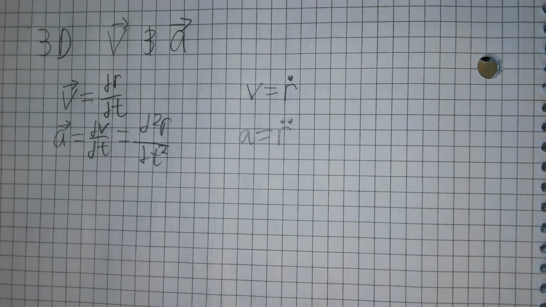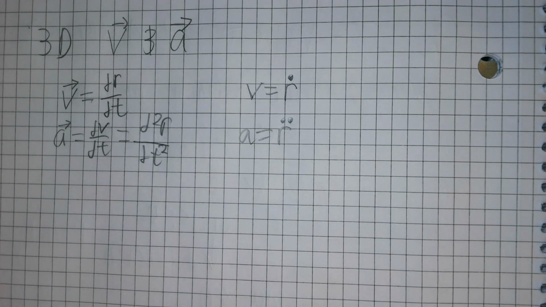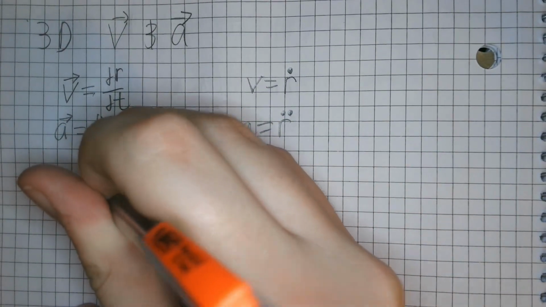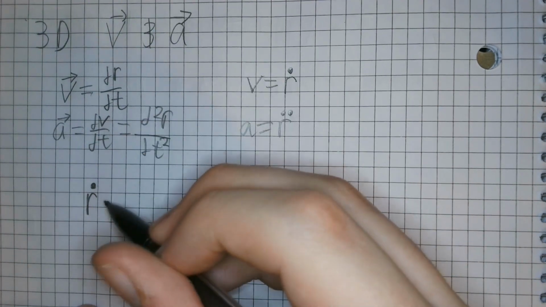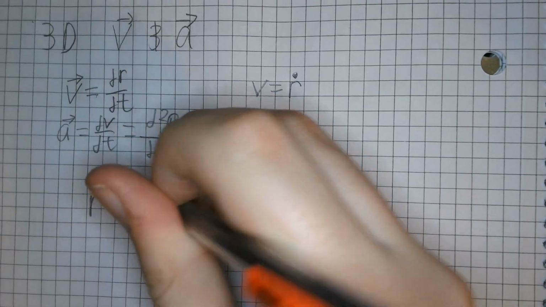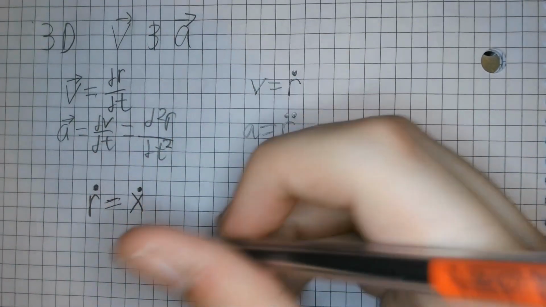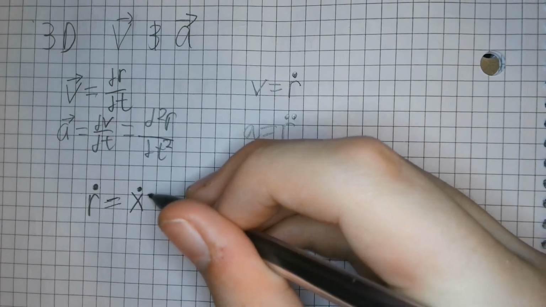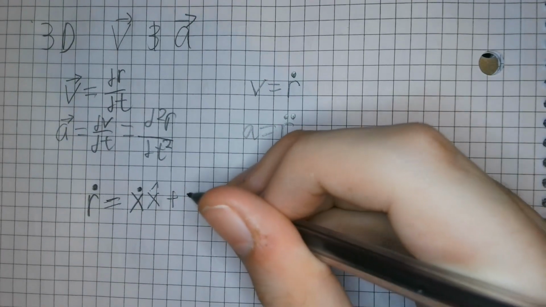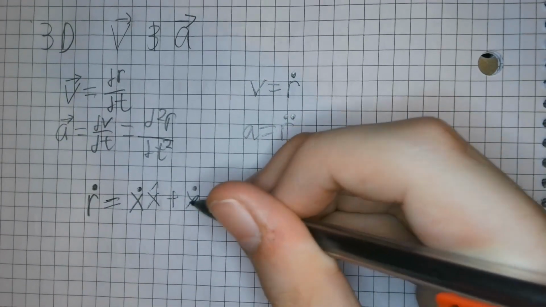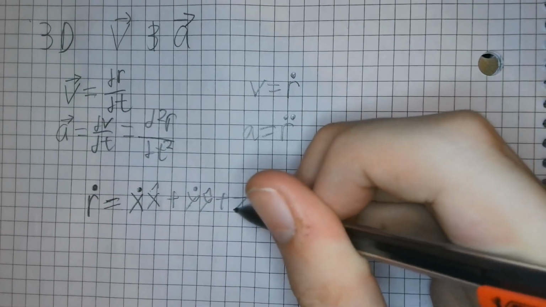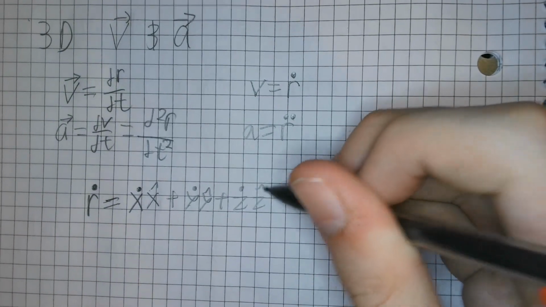Okay? And now, just to end things off, I want to show that the first time derivative of r is the same thing as the time derivative of the magnitude of its component, x, in the x hat direction, plus the first time derivative of y in the y hat direction, plus the first time derivative of z in the z hat direction.